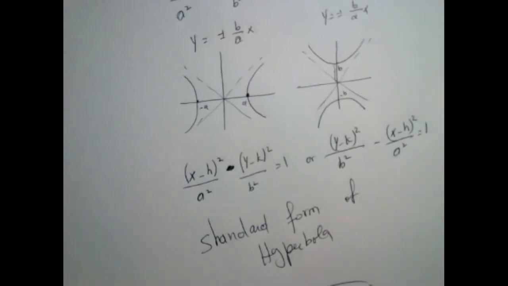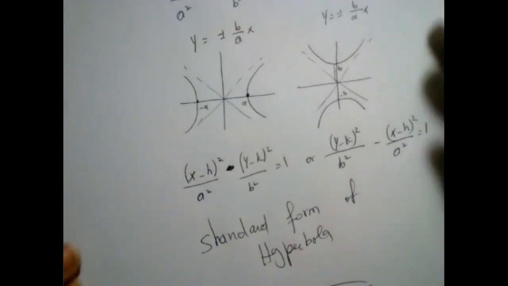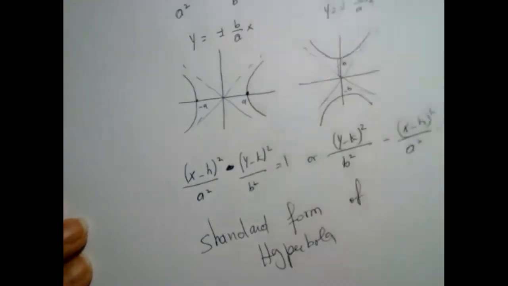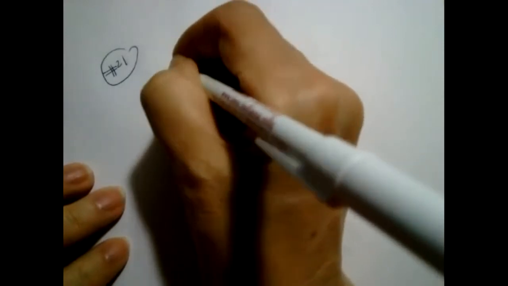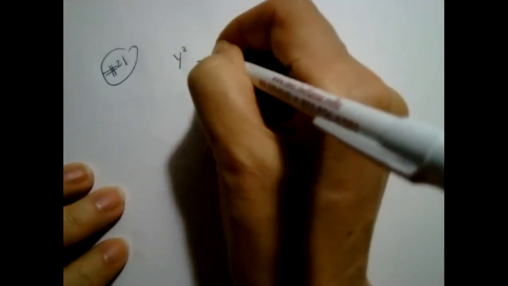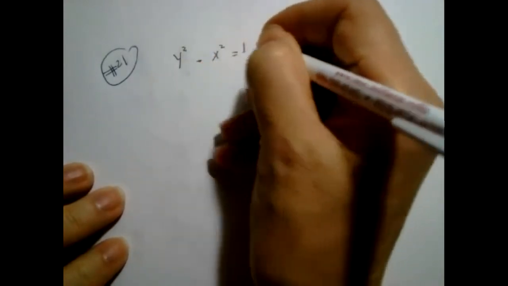So with this in mind, we're going to look at the problem that your classmate asked us for, and then we finalize. I start by looking at number 21: y squared minus x squared equal to 1.